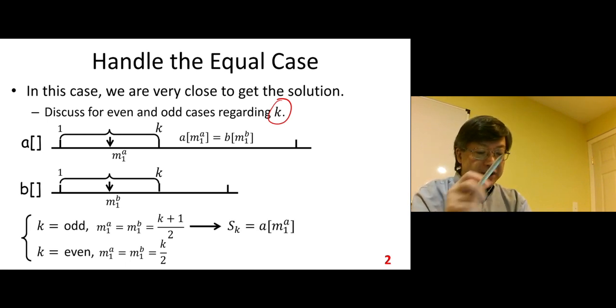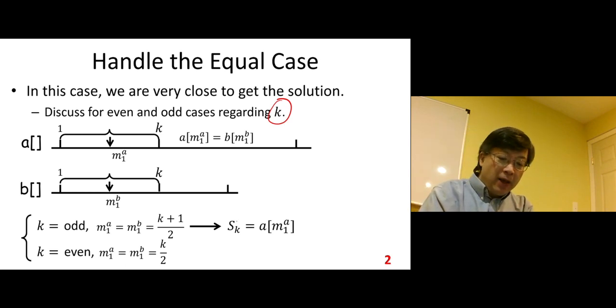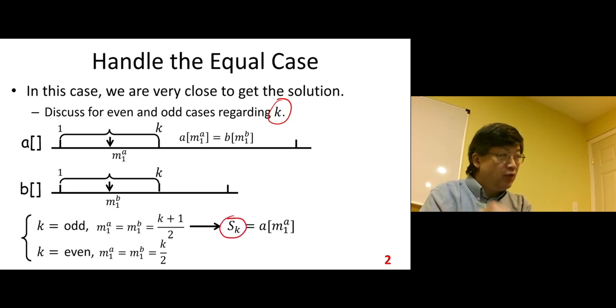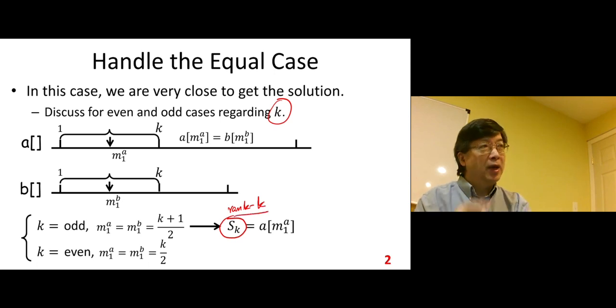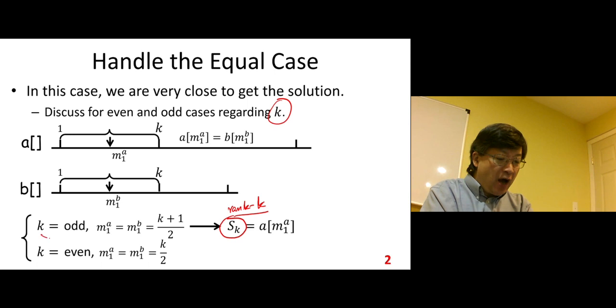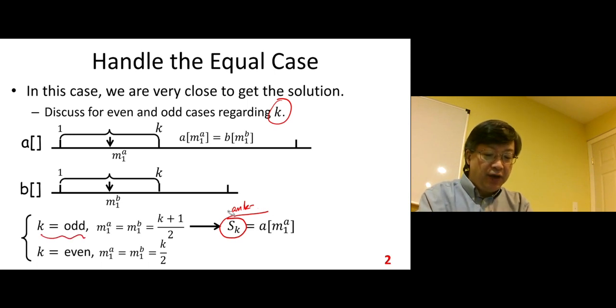Here, S sub K is the notation for the rank K element. So we use a simple notation, rank K element, S sub K. For the odd case, the solution is this, A of M1A.